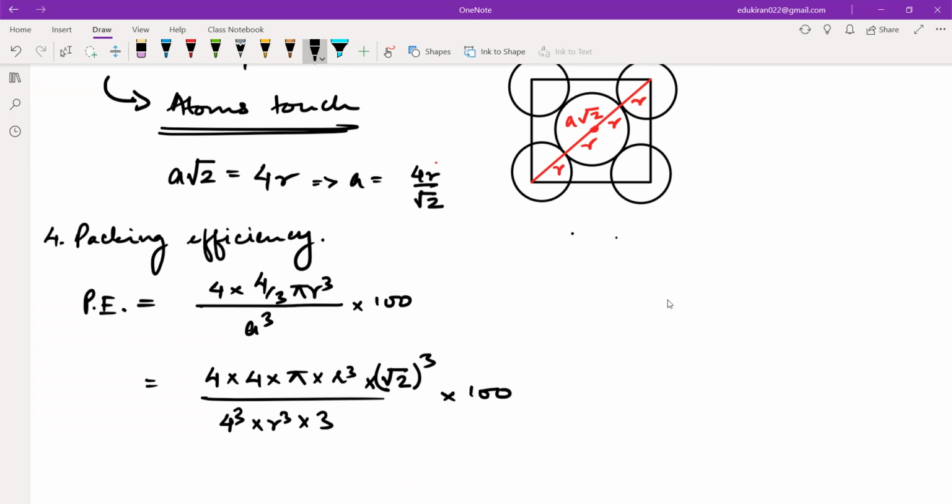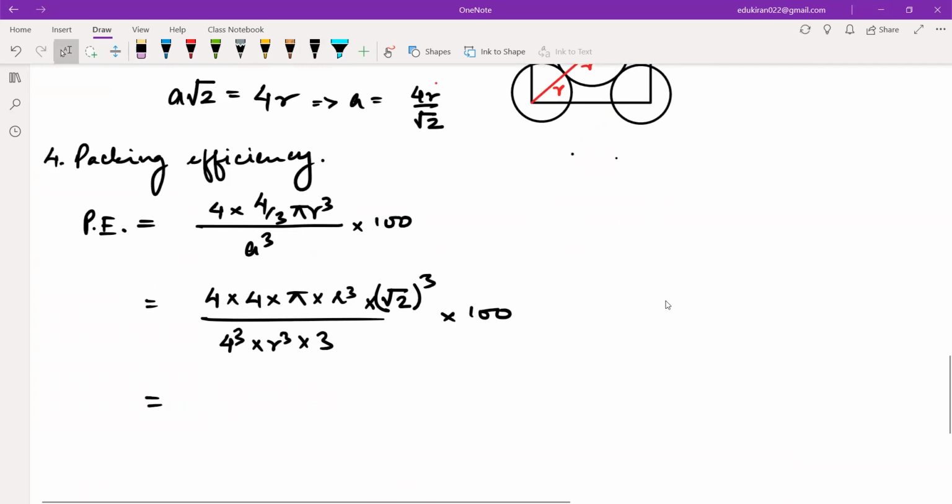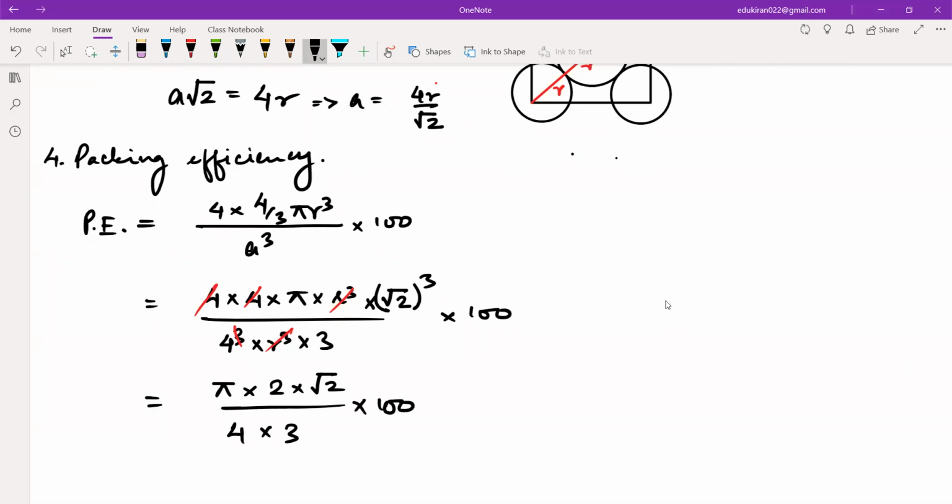Then I can eliminate this 4 by this cube, and this r cube and this r cube, and I will be left with pi into root 2 cube, which is 2 root 2, divided by 4 into 3 into 100. Then I can eliminate root 2 into 2 by root 2, and I will be getting pi by 3 root 2 into 100. Okay.